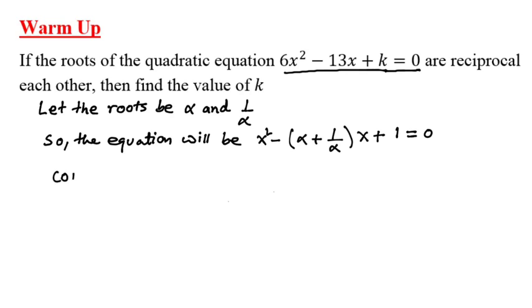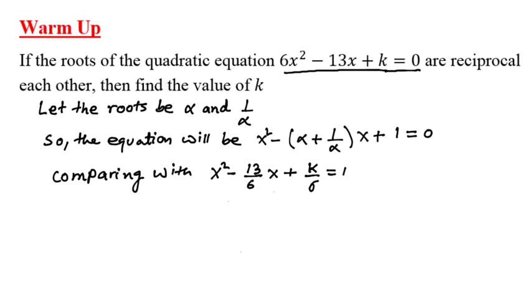So in order to compare, the leading coefficient, the coefficient of x squared, must be 1. So we divide throughout by 6. It will be x squared minus 13 over 6 x plus k over 6 equal to 0.